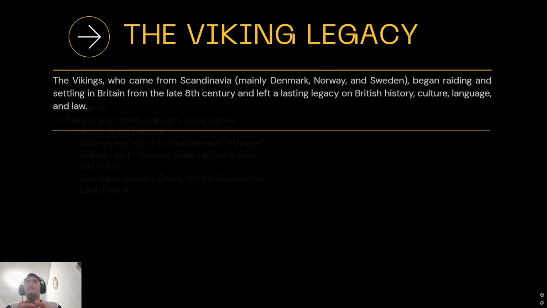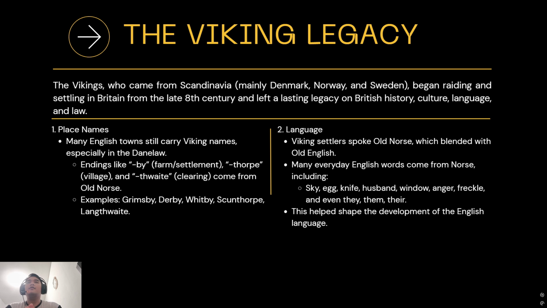It's not only the Romans and the Anglo-Saxons that left some legacy, but also the Vikings. The Vikings, who came from Scandinavia, mainly Denmark, Norway, and Sweden, began raiding and settling in Britain from the late 8th century and left a lasting legacy on British history, culture, language, and law.